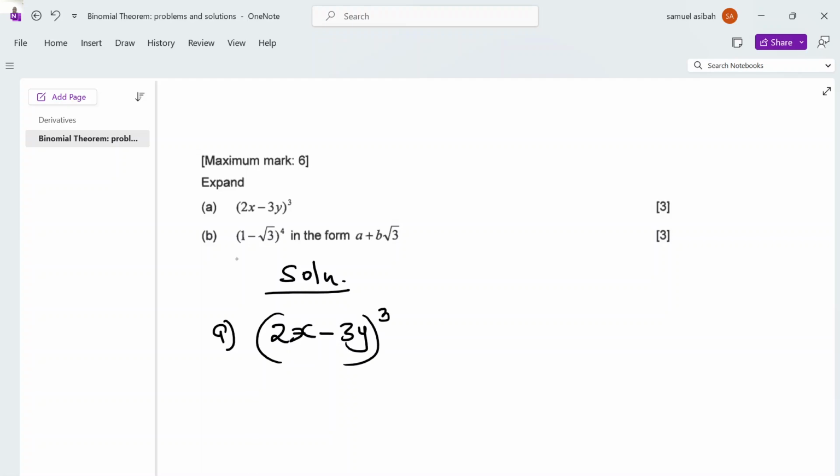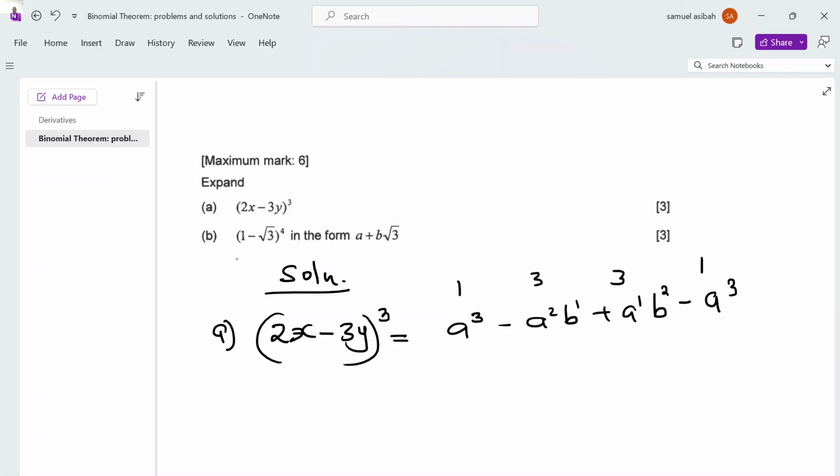Now remember the simple expansion. We have x raised to 3, x raised to 2 times 1 plus x raised to 1, then ascending and descending powers: A power descends and B power ascends, okay? Then the coefficient 1, 3, 3, 1.